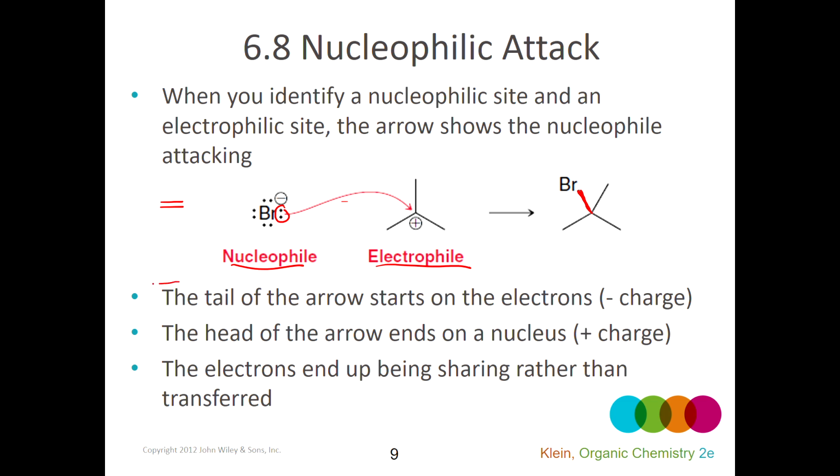And the way we work with arrows is the same as what we've been doing so far. The arrow starts on a pair of electrons and ends at the location those electrons are moving to. So the arrow could be interpreted as suggesting that the lone pair is simply moving to the carbon.